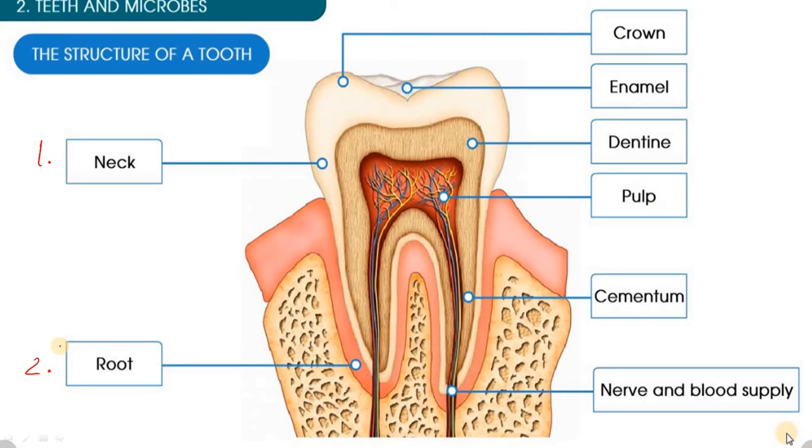And in that again we have the crown, enamel, dentine, pulp, cementum, nerve and blood supply. So let us see them one by one.